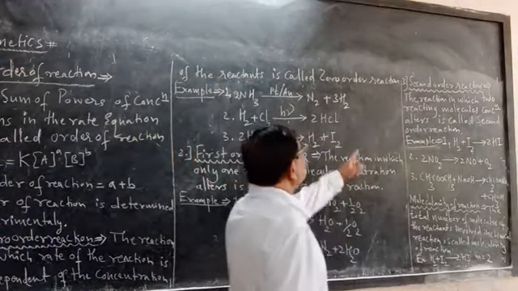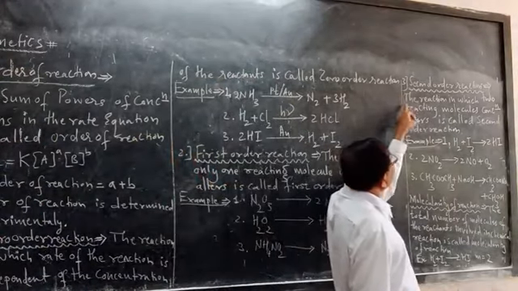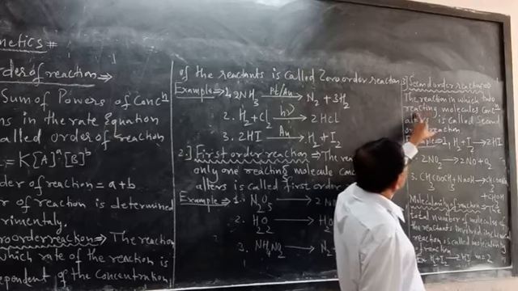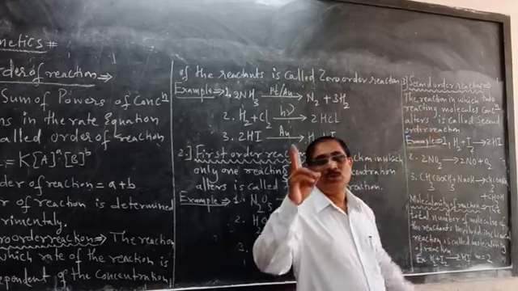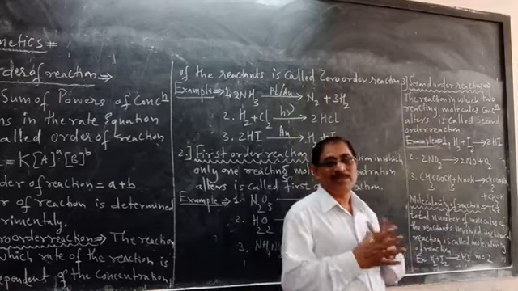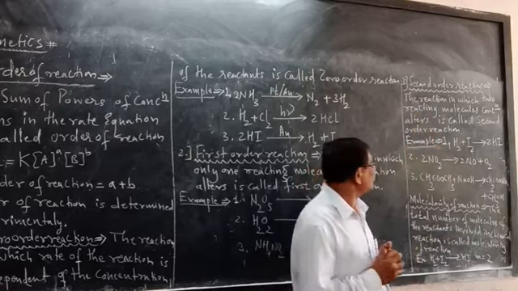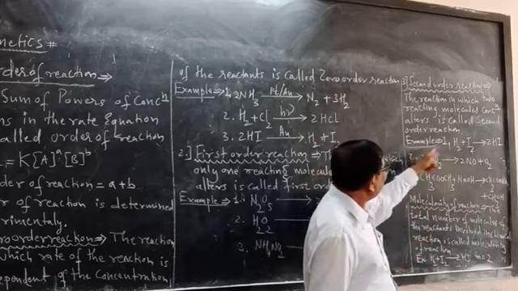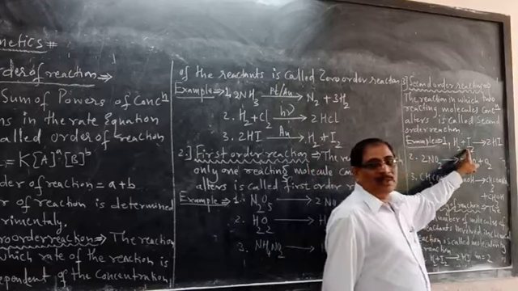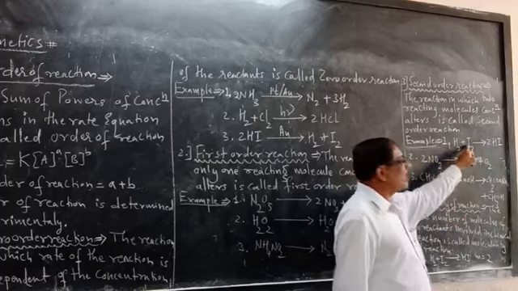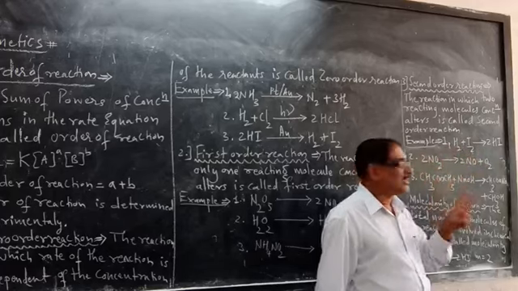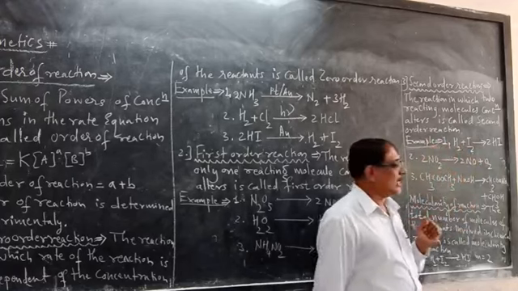Now third one, second order reaction. The reaction in which the concentration of two reacting molecules changes is called a second order reaction. Two molecules are changing concentration as time passes. Example, hydrogen and iodine give HI. The concentration of one molecule of each changes, therefore it is a second order reaction.